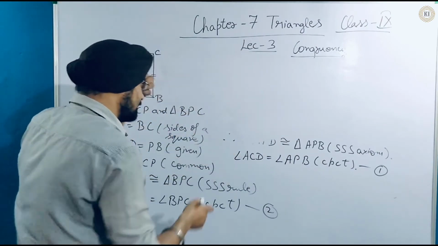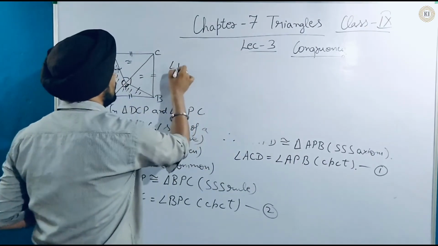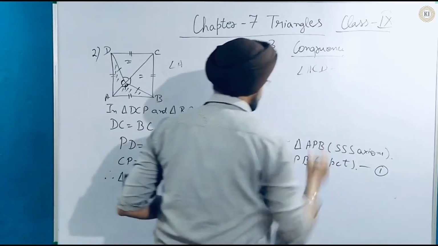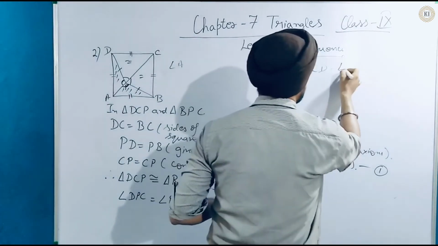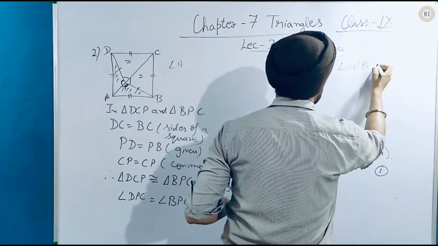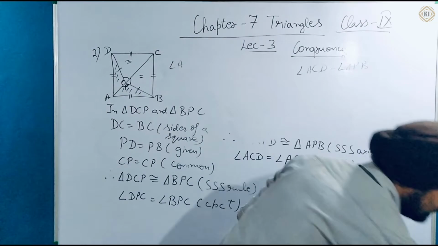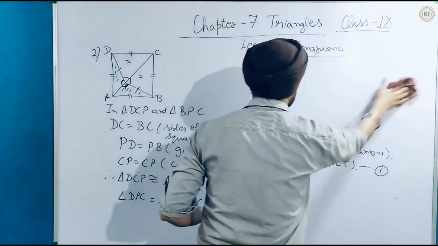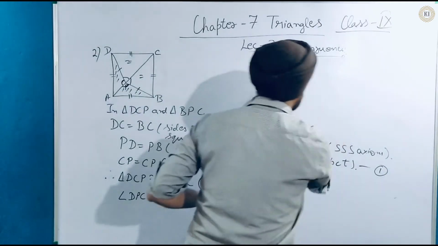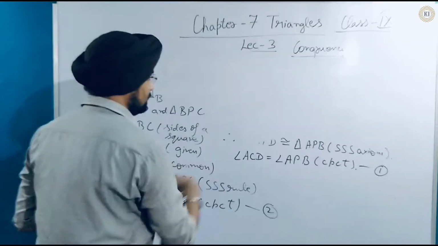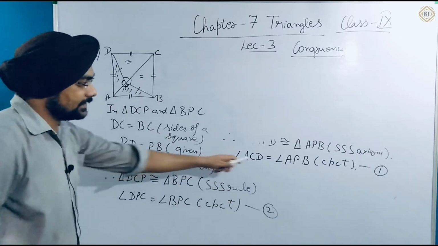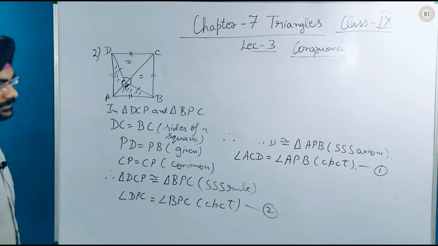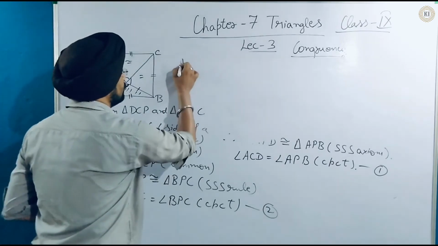Equation number 1 is angle ACD is equal to angle APB, and angle DPC is equal to angle BPC. So what we do here, we add both the equations.